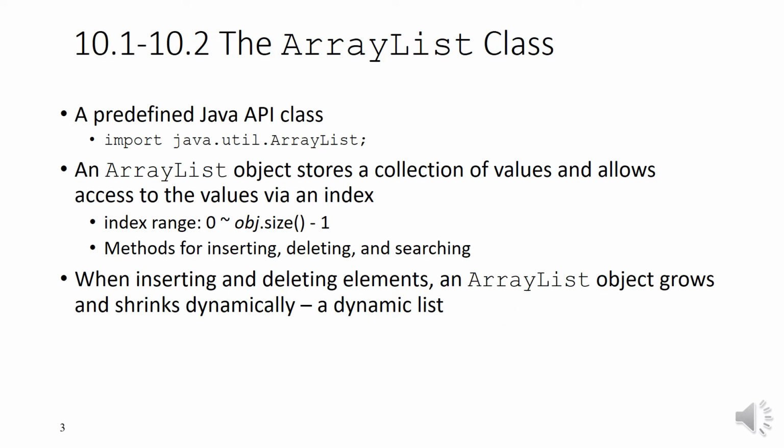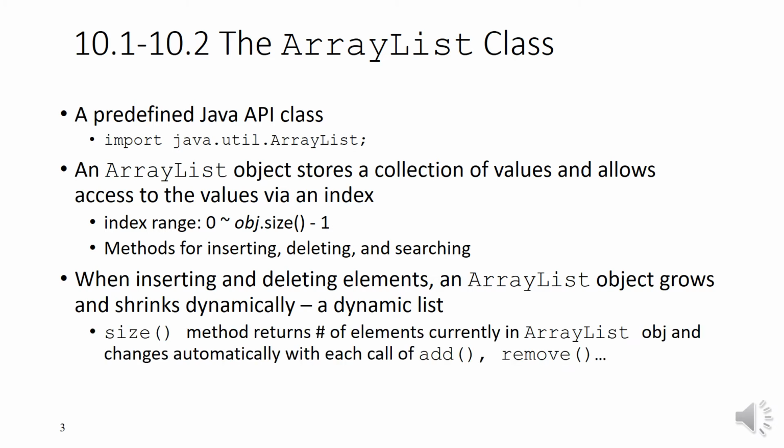When inserting and deleting elements, an ArrayList object grows and shrinks automatically. The size method returns the number of elements currently in the ArrayList object, and it changes automatically with each call of add and remove.